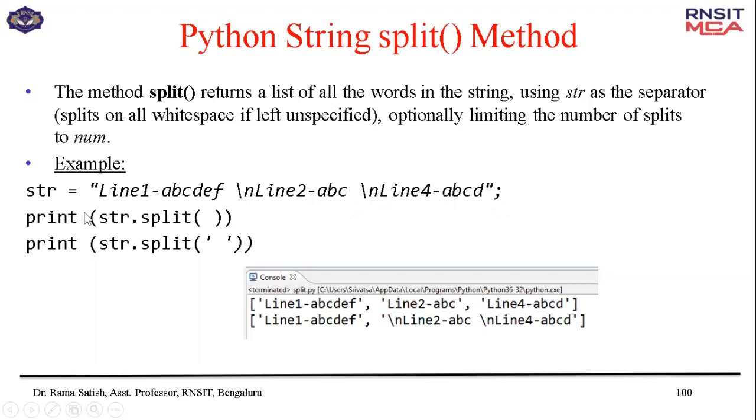With str.split, based on the space, a new element of the list is created, then a second, third, fourth, fifth, sixth. By default, if you don't give anything, white space is automatically taken as the delimiting character.